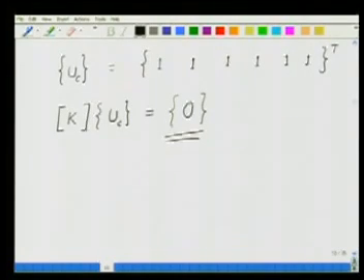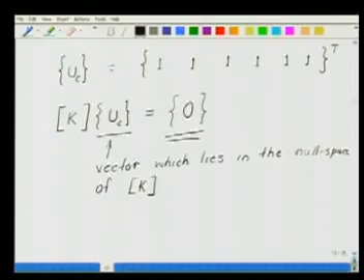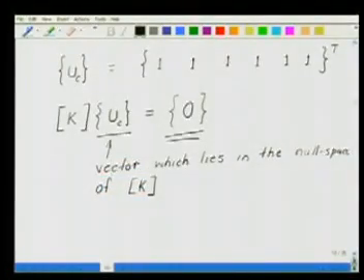Then what can we say about uc? Uc is essentially the vector which lies in the null space of K. That is, for certain there is one non-trivial vector uc for which Kuc is equal to 0, which means that certainly K has a rank deficiency of 1.